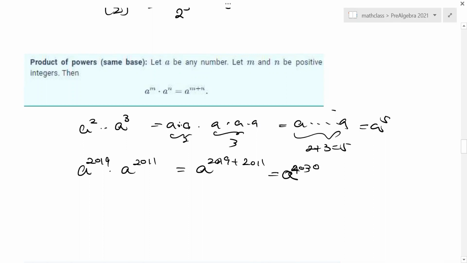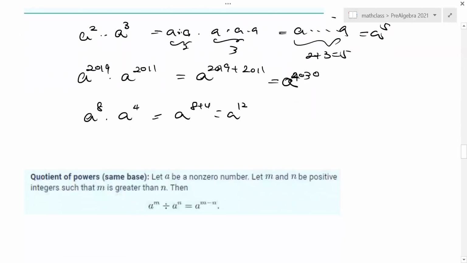Let's try another: a to the 8th power times a to the 4th power. Let's just add the exponents together, 8 plus 4. That's a to the power 12.